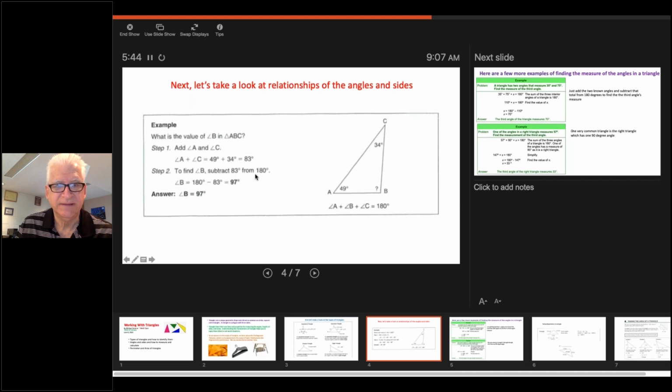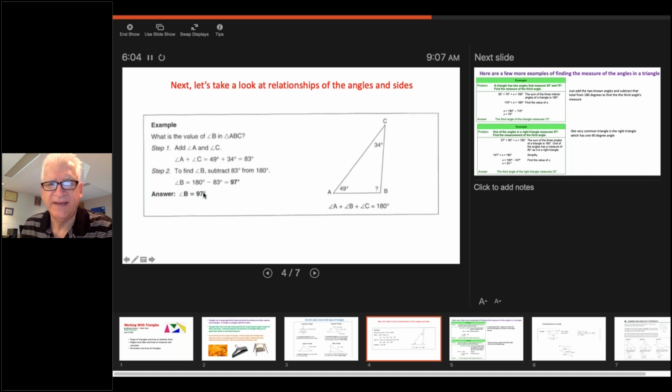So to find the measure of angle B, we take the total of 180 and subtract 83 from 180 and come up with a total of 97. Therefore, the measure of angle B is 97 degrees.